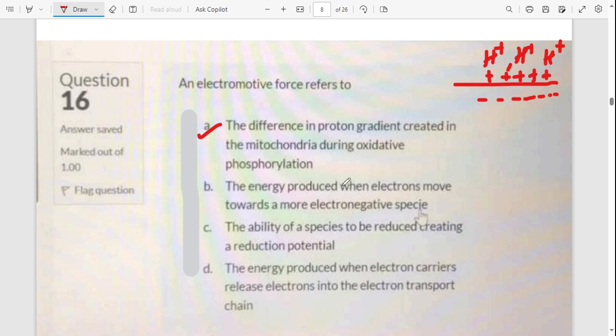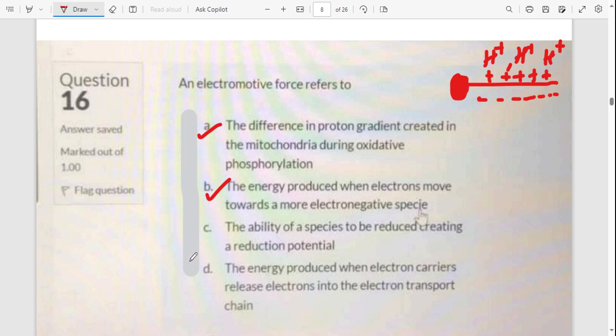force. The energy produced when electrons move towards a more electronegative species, and of course, this is what is going to be happening in the mitochondria. Electrons are going to be moving from one electron carrier to the next. The next is always having a greater affinity for the electrons. The ability of a species to be reduced creates a reduction potential.